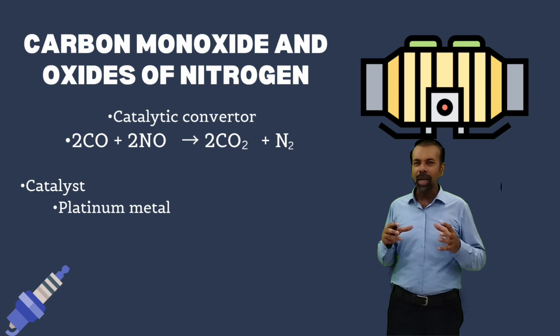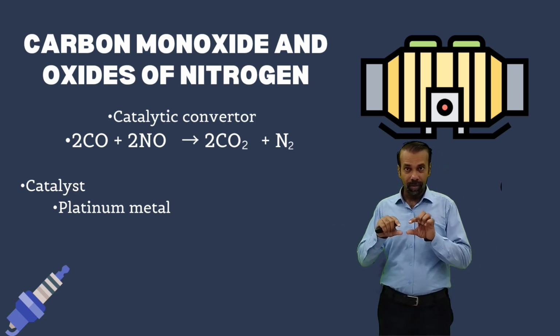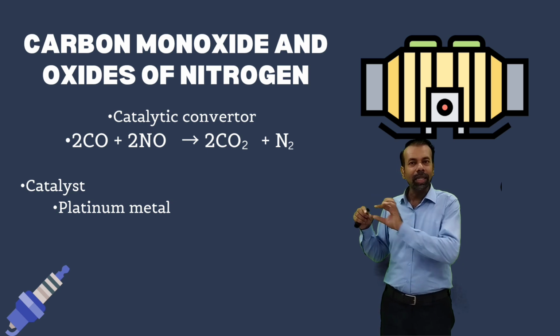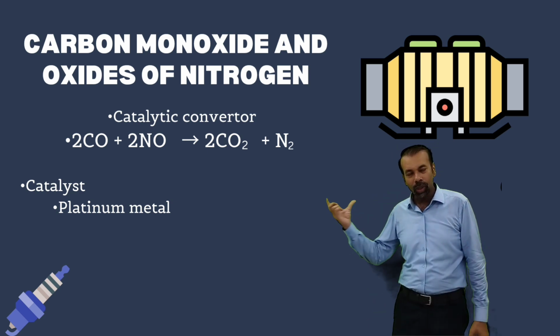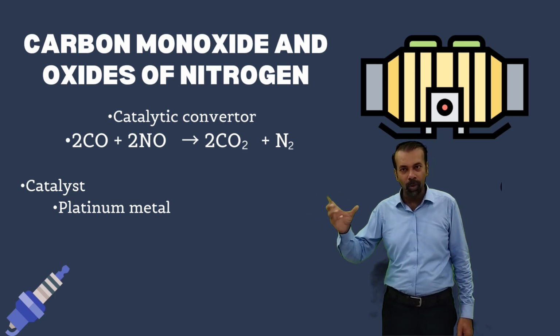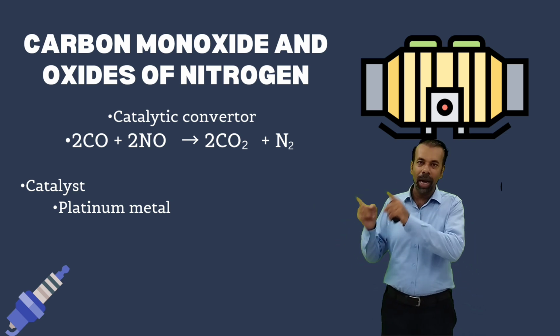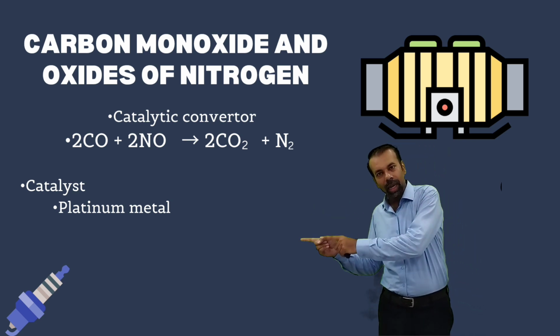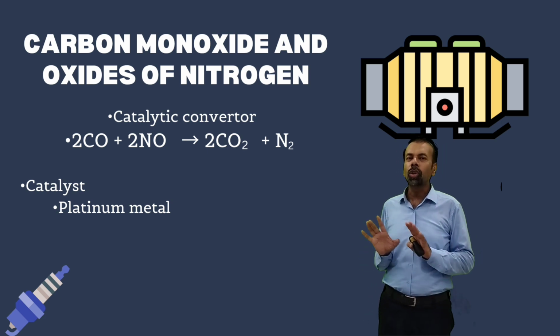So cars are equipped with a catalytic converter. A catalytic converter contains platinum catalyst. It combines carbon monoxide and nitrogen oxide and converts them into nitrogen and carbon dioxide gas. These two are obviously non-toxic gases.